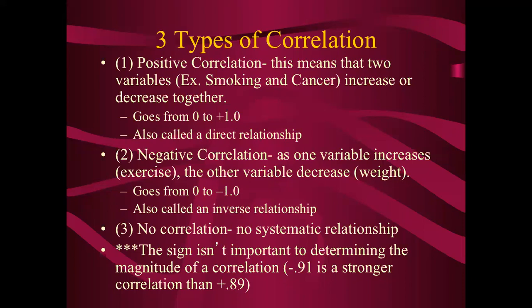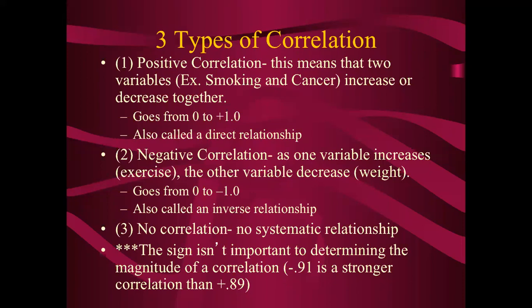Obviously, those people who engage in weight training and bodybuilding might argue, hey, wait a minute, my goal is to bulk up. But on average, people are not bodybuilders. So more often than not, the more you exercise, the lower your weight's going to be. It's going to help you lose weight.